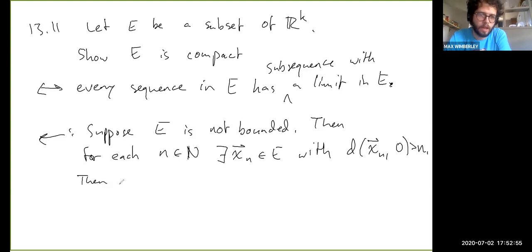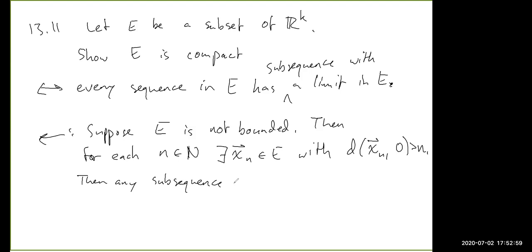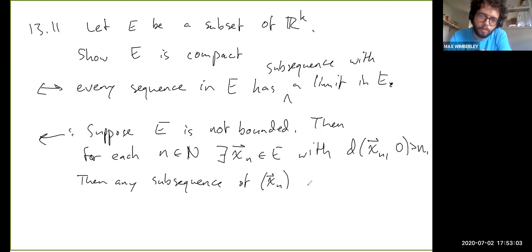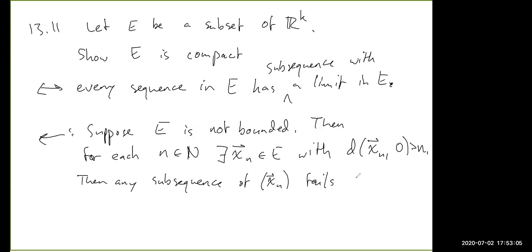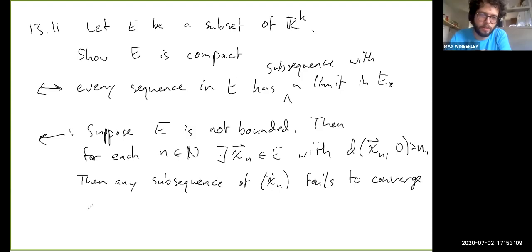Then any subsequence of the sequence xn fails to converge, basically, right? Because the distance of xn k, let's say, to 0 goes to infinity, right? Yeah.